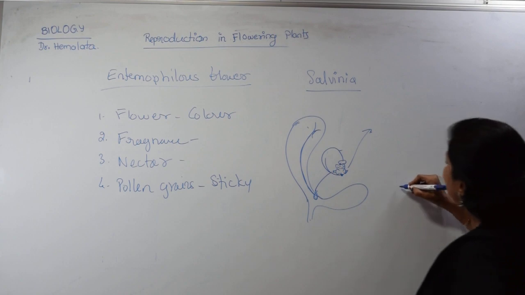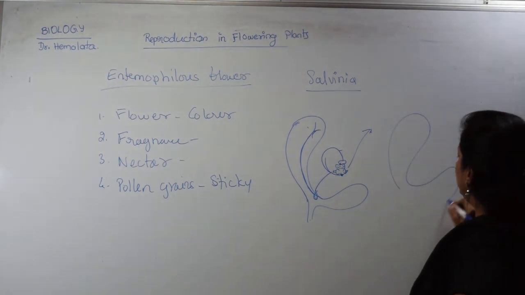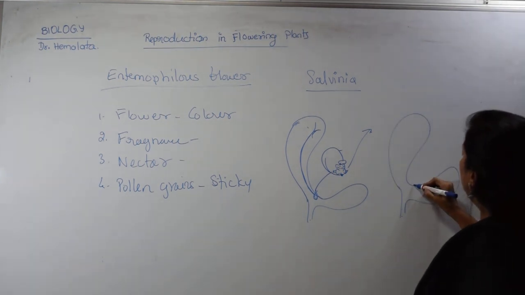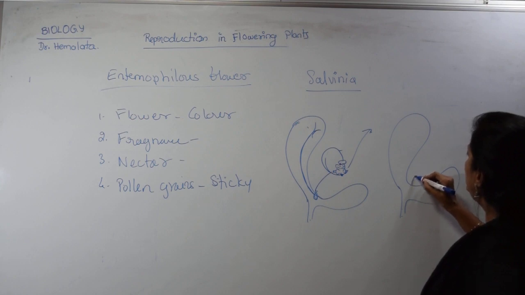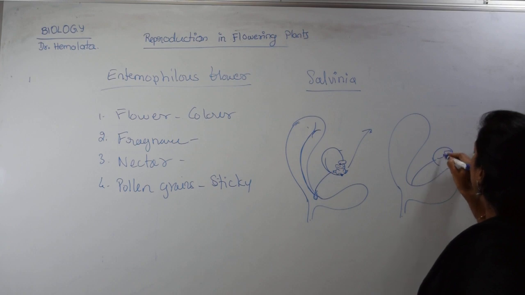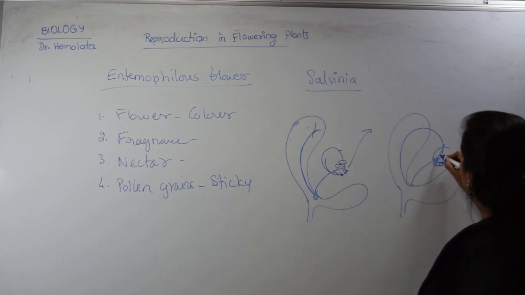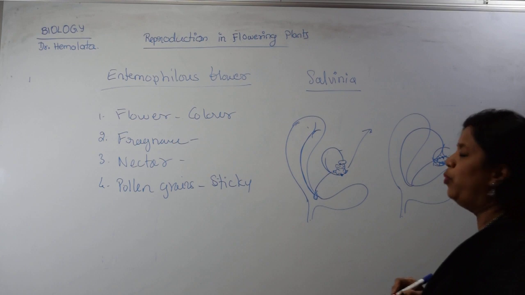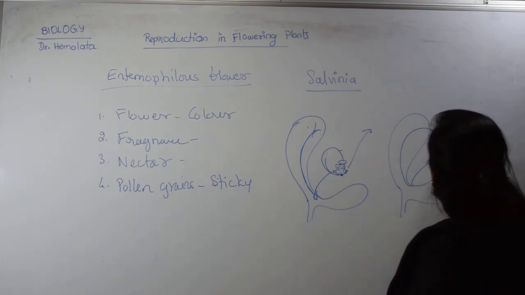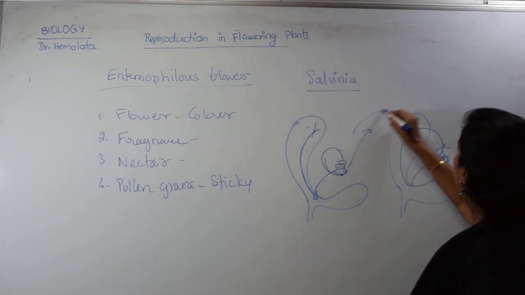And whenever it visits the next flower, imagine this is the next flower I am drawing, this is the male and female structure. Whenever the insect visits this next flower, the stigma present here will bend down and collect the pollen grains present on the body of the insect.